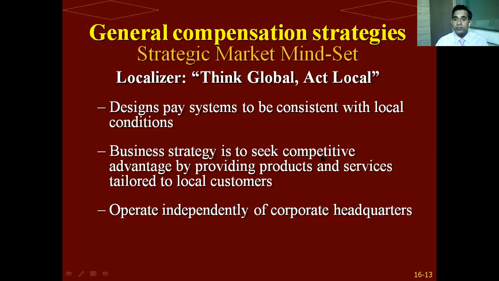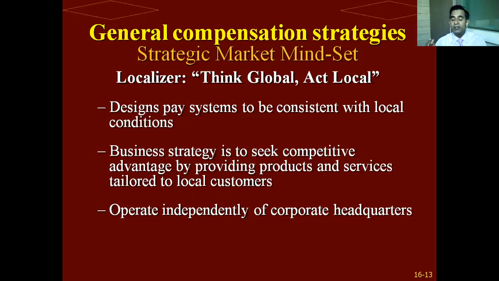The business strategy is to seek competitive advantage by providing products and services tailored to local customers. For example, Walmart entered India with a pure wholesale retail format. When they enter a country like India, their strategy is to provide products and services tailored to local customers.